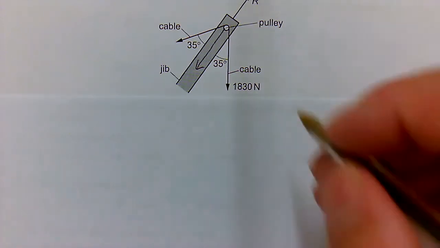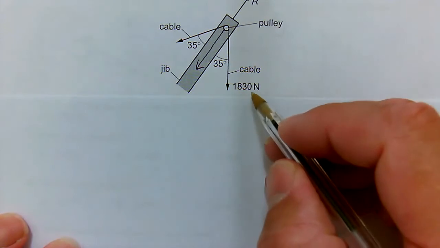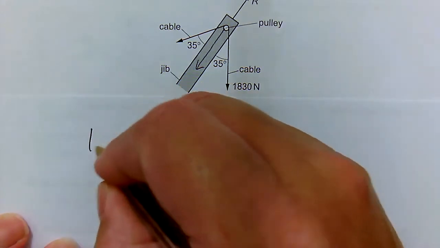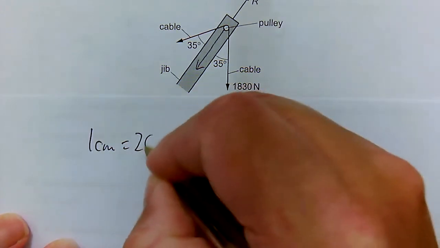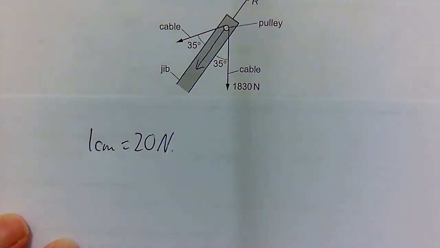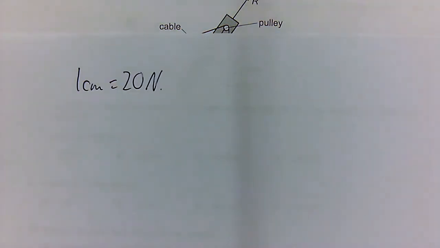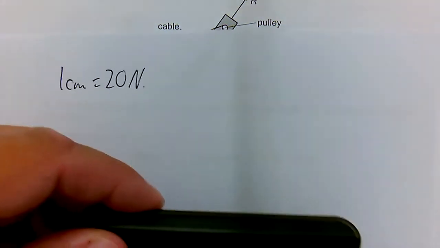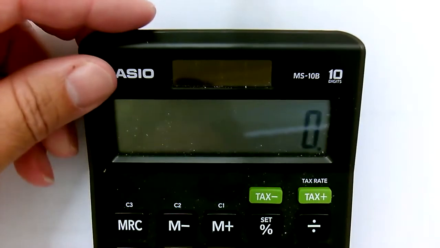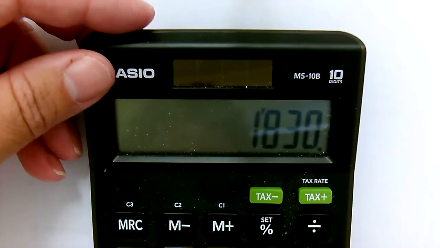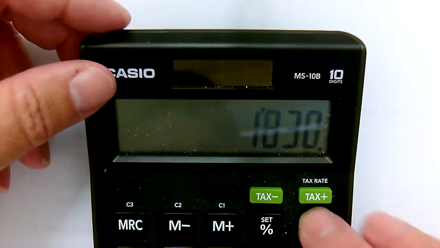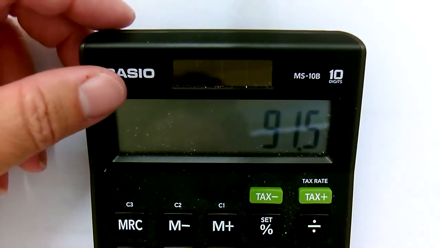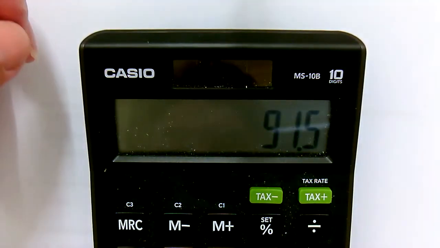I could say 1 centimetre is maybe 20 newtons. I think that's best. So if you calculate it, if you've got 1,830 and you divide it by 20 newtons, gives me 91.5 centimetres.